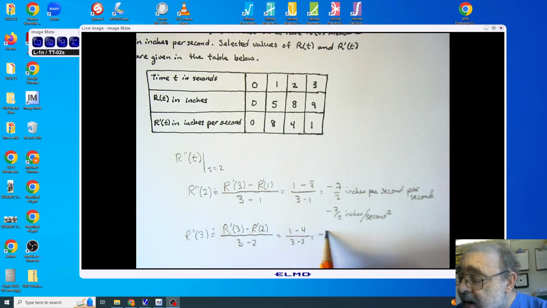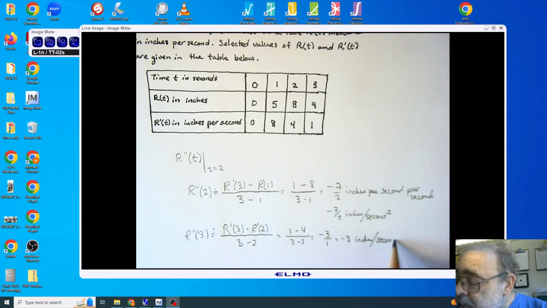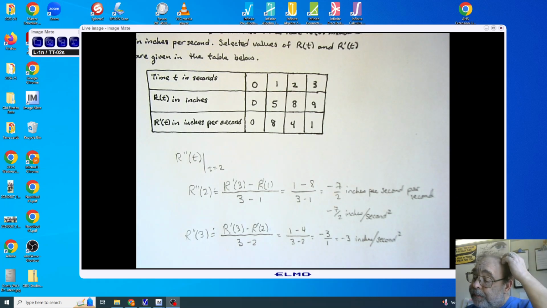I end up getting negative 3 over 1, and this would be equal to negative 3 inches per second squared. And that would be my approximation. Okay? It's not the best, but based upon the information I have, it's my best option that I can do.